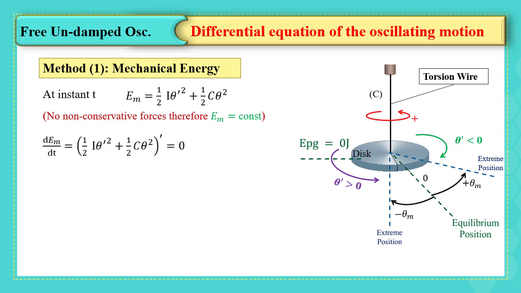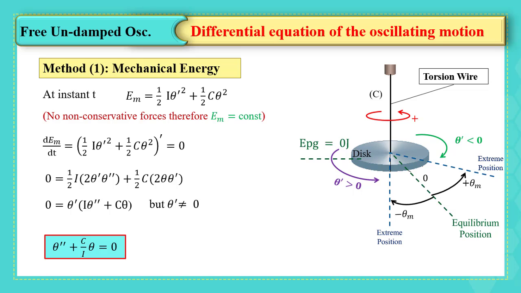Thus, we can write it as half I 2 theta prime theta double prime plus half C into 2 theta theta prime. But we know that theta prime equals 0 is not our case of study, so I theta double prime plus C theta equals 0 is the second order differential equation without second member in theta.